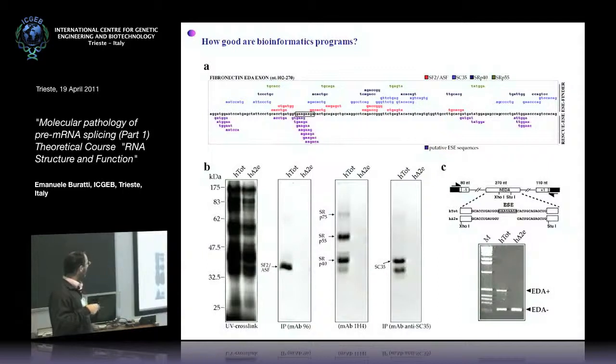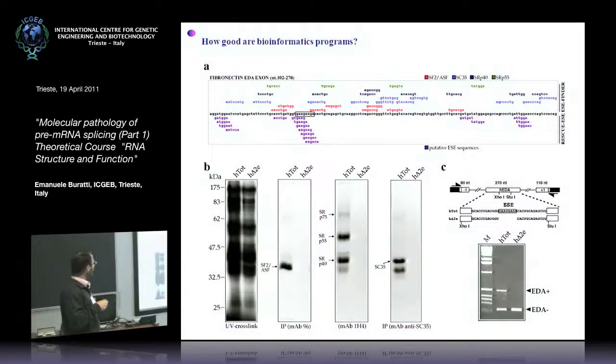laboratory. So if you look at the fibronectin ADA sequence, we know that this enhancer is located in one part of the exon, and there are no other regulatory elements anywhere else. So if you take the sequence of the entire exon and you put it through these programs, you see that really the programs predict the presence of enhancer or silencer sequences a little bit everywhere, with perhaps just a little bit of a prevalence on the real enhancer.